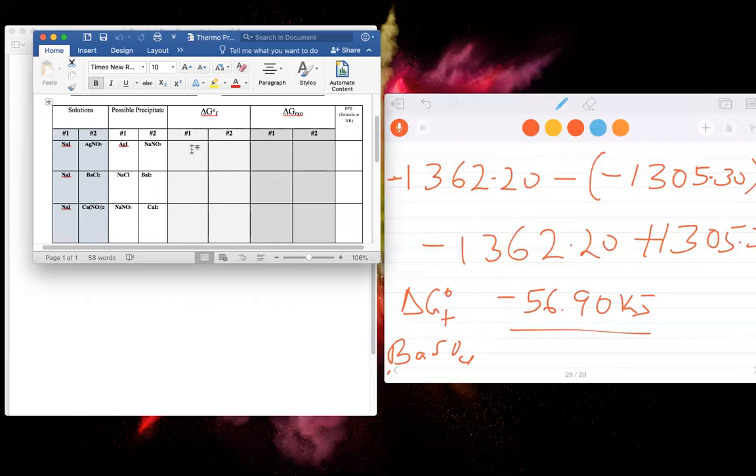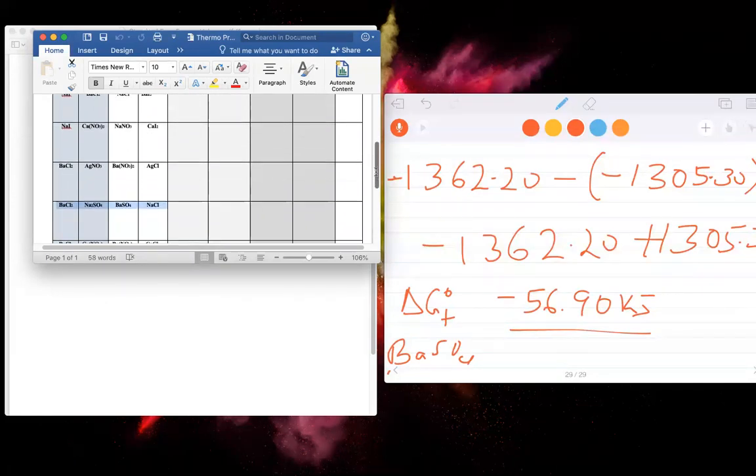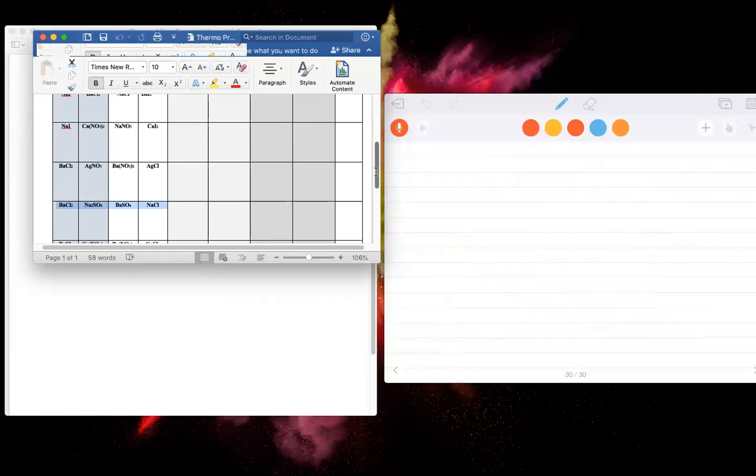For number 2, all right, which is sodium what? If you look at sodium chloride, let me just fast forward. Delta G naught for number 2, which is sodium chloride.